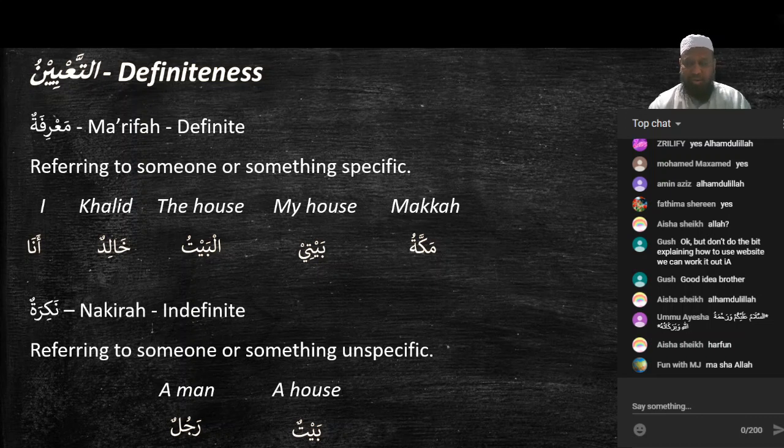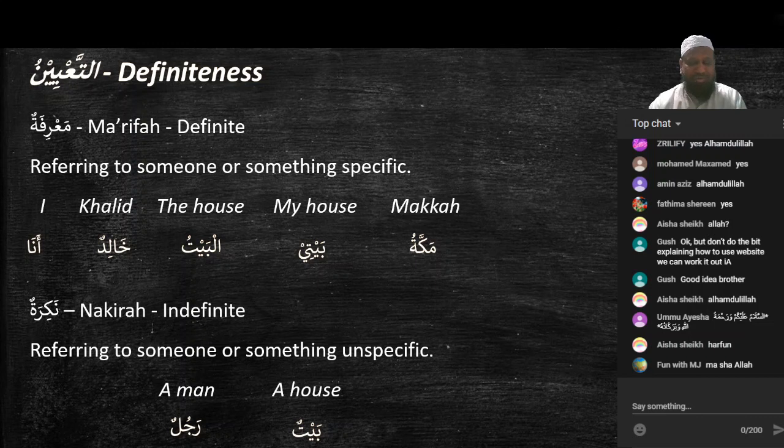Like for example, I, specific, I'm talking about me, أنا. So the word أنا is معرفة. Khalid, name of a person, specific person, not anyone. Khalid, a معرفة. The house, when we add the, that means I'm talking about a specific house. So al-baytu.